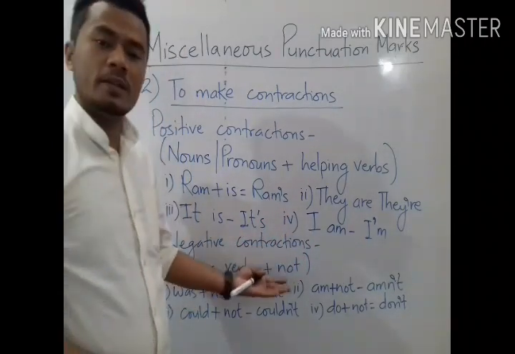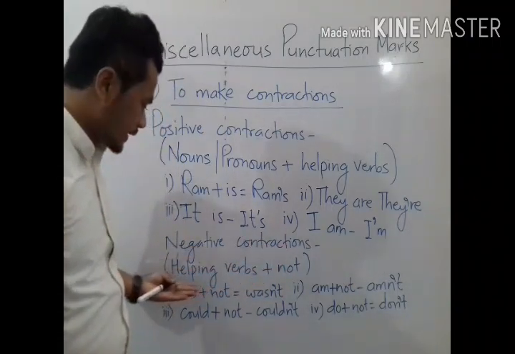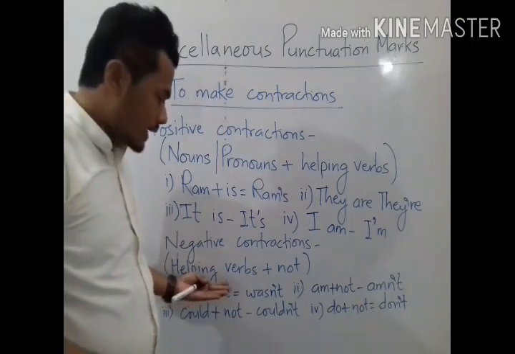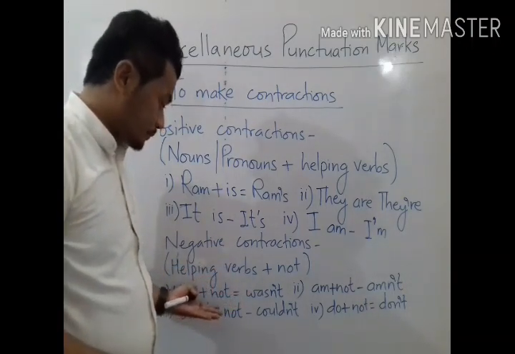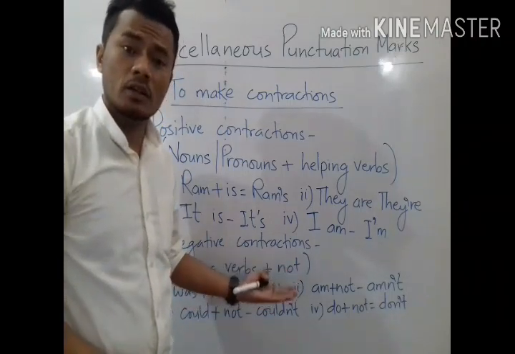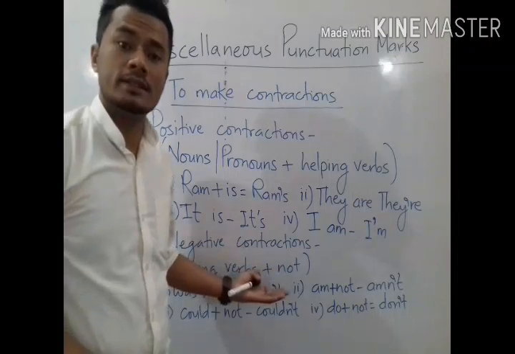Negative contraction is very useful whenever we make tag questions. See here. Negative contractions are formed by joining helping words plus not. Like was plus not, it becomes wasn't.